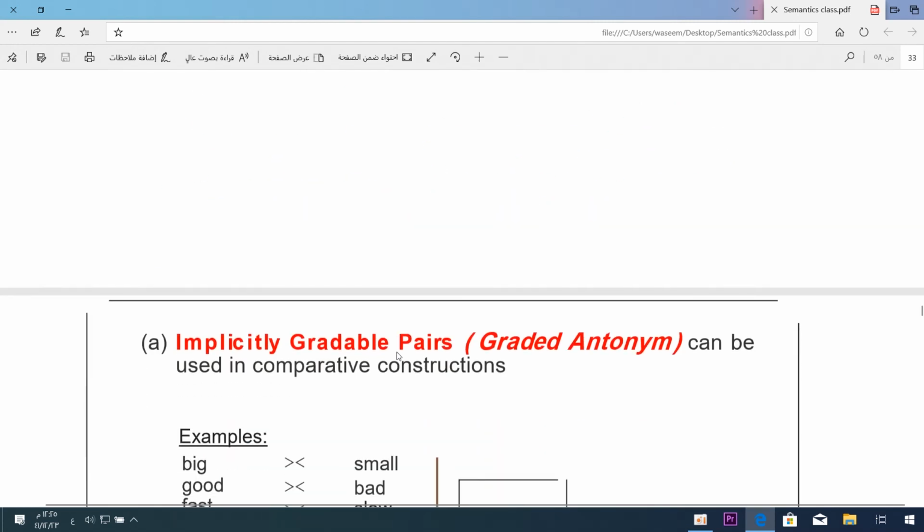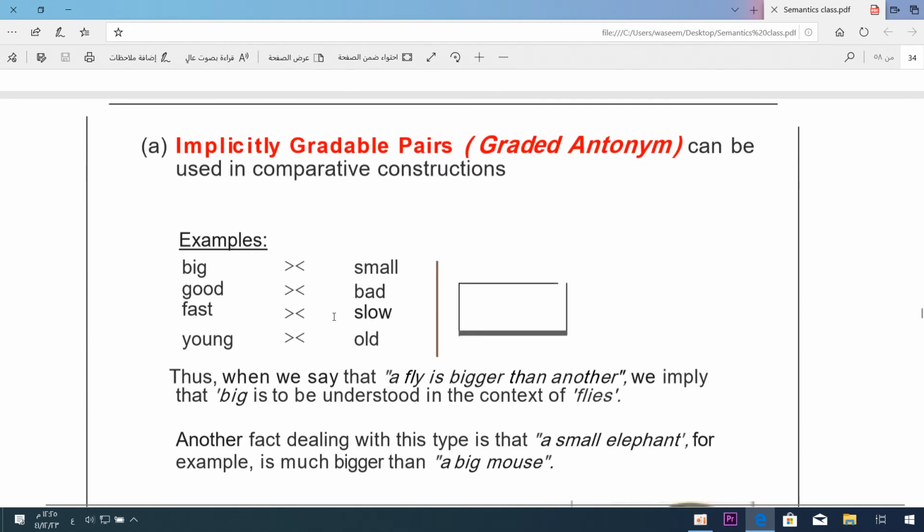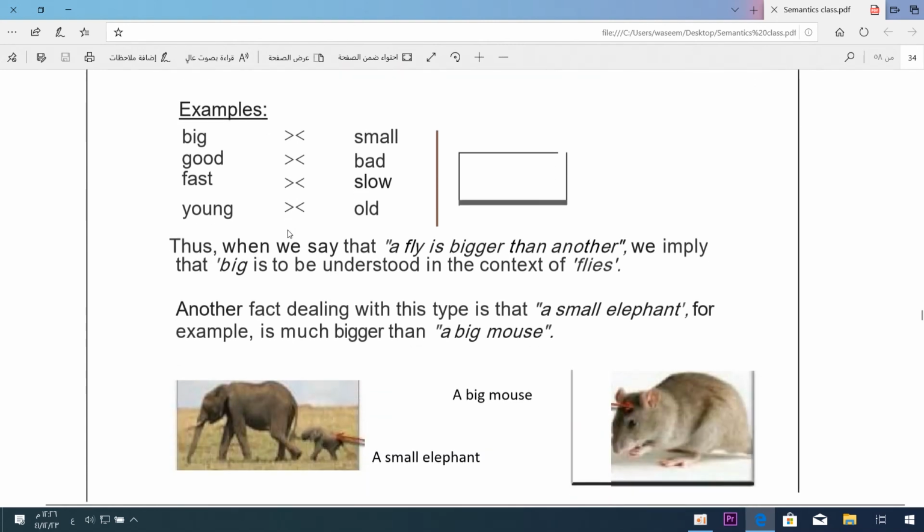When I say big and small, when I say that house is not big, it doesn't mean small. So here we have other possibilities between them. What applies to the pair big and small applies to other adjectives, as you see, a big mouse, a small elephant.